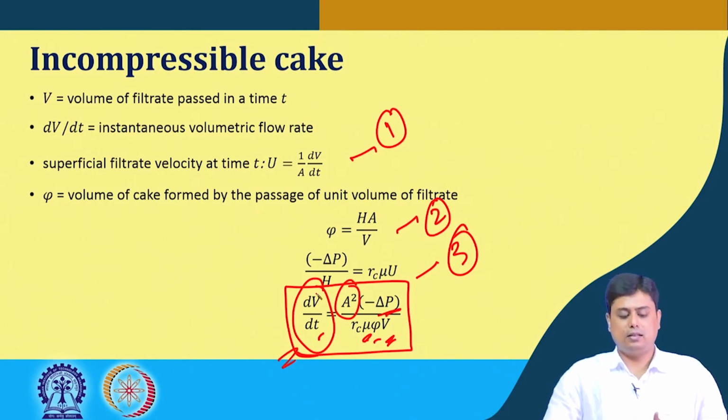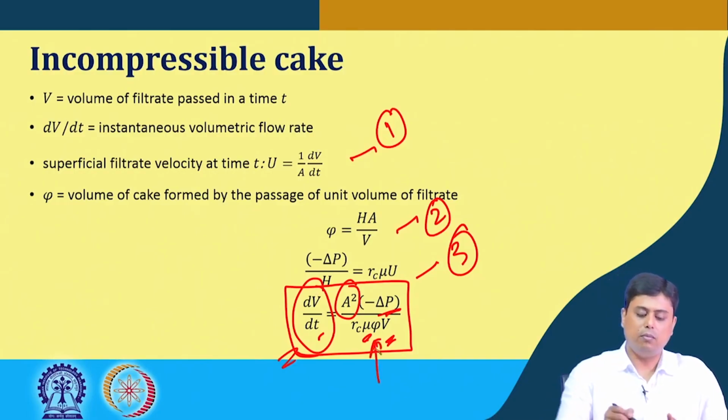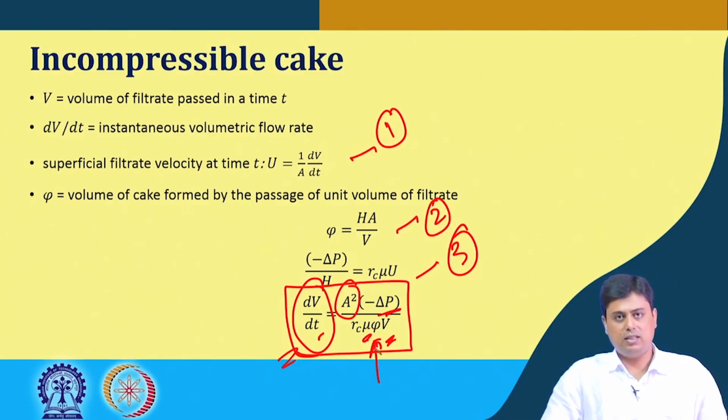As the thickness, which is quantified by phi, because this is HA by V, the volume of the filter medium or the cake material, increases, the filtration rate goes lower. So, this is a very important relation or expression that you have to remember for the filtration rate calculation.